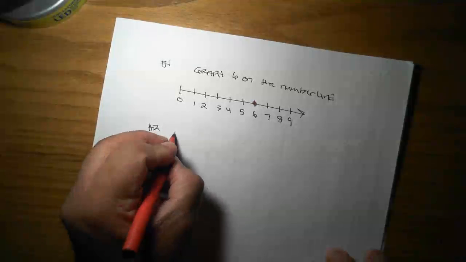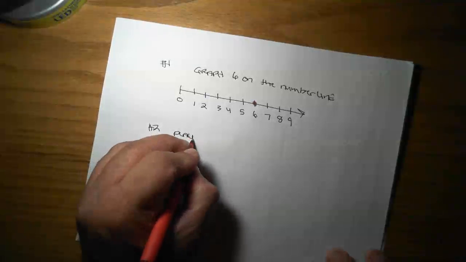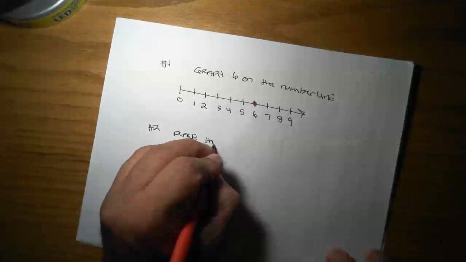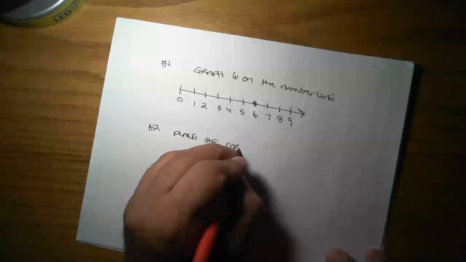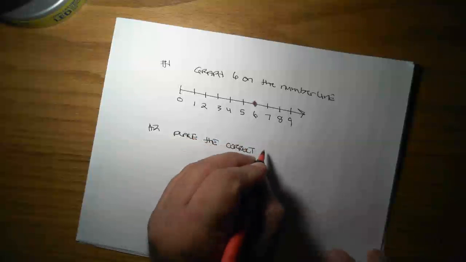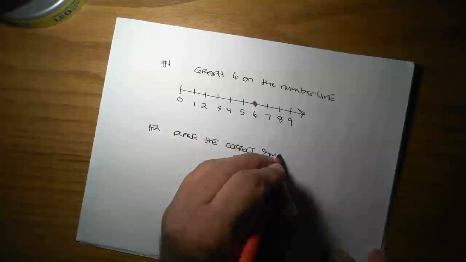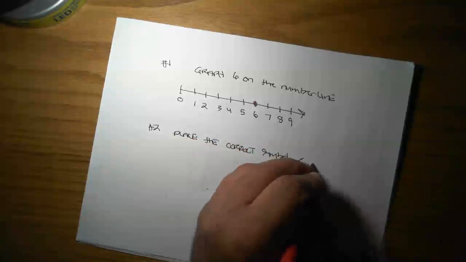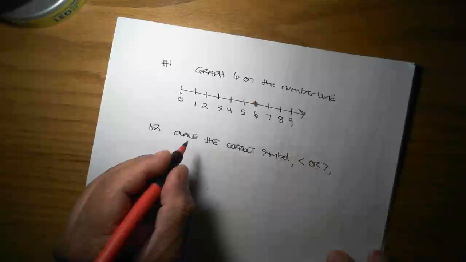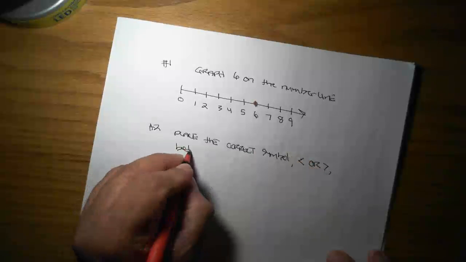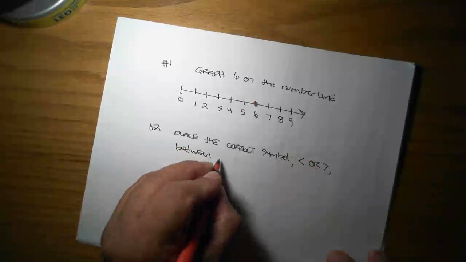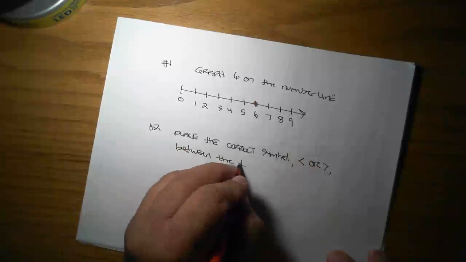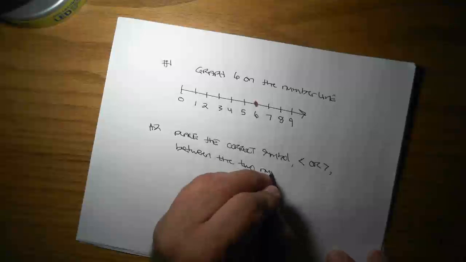You try it number 2 says place the correct symbol, and then it gives us the symbols between the two numbers.